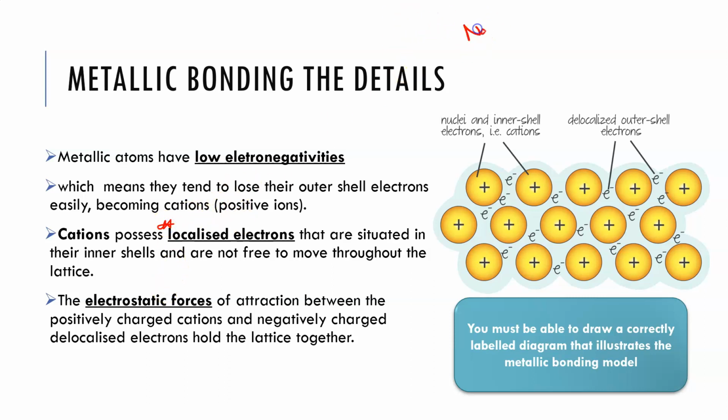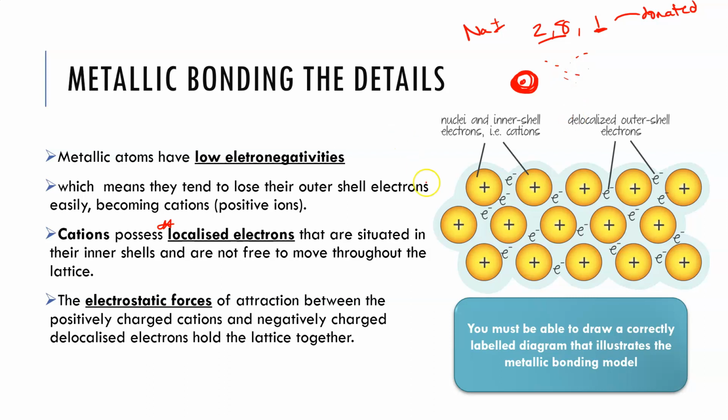So if we consider sodium with a 2-8-1 electron configuration, this one electron will be donated, okay, giving us sodium plus, but the other 10 electrons will still be localized around that central nucleus, with just one of them zipping around throughout the lattice.